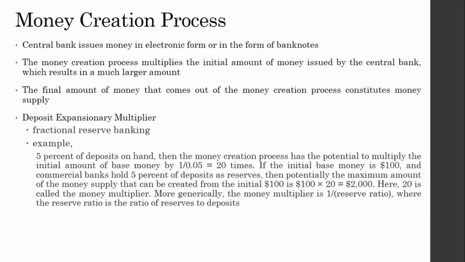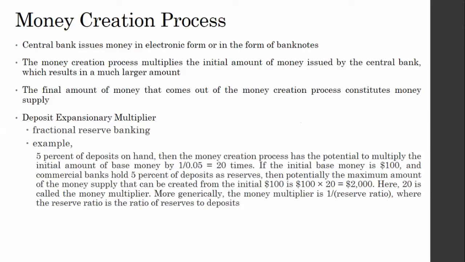No. Can they always find suitable borrowers? No, right? So the number of borrowers who are worthy of lending will be limited. These reasons limit the amount of money that will be created through this process. I think you are clear what this money creation process means.